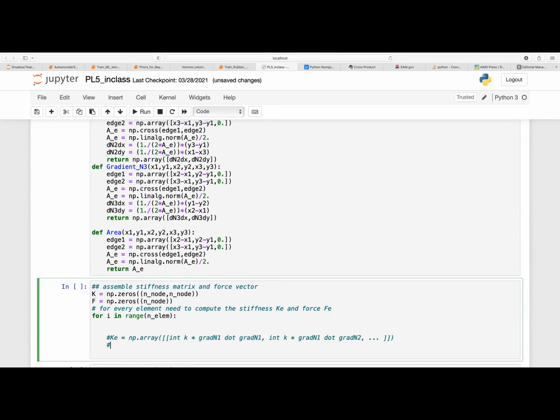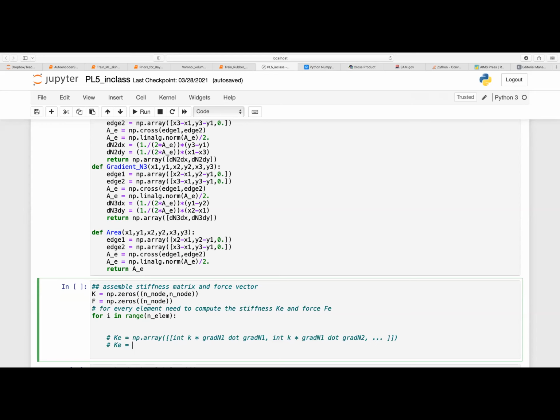Now, if you recall what I was saying on Monday, and this is what you are doing for your homework, the gradients of the linear elements are constant. So K is a constant. So everything will go out of the integral as a constant.